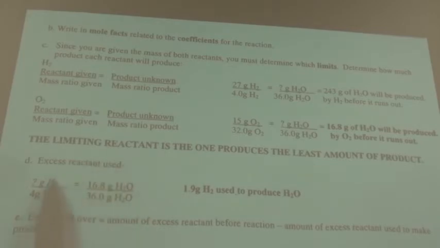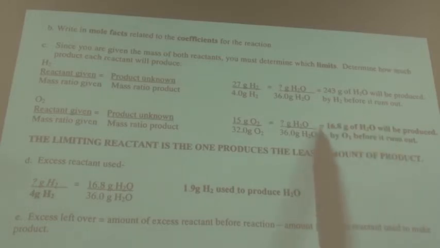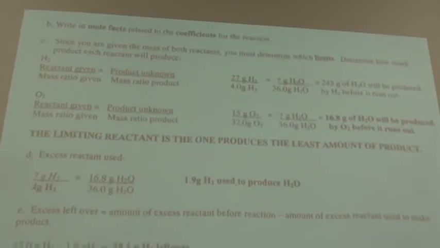How many grams of hydrogen were used in making 16.8 grams of water? Divided by its mass factor, cross multiply. 1.9 grams of hydrogen is tied up in 16.8 grams of water. How much is left over?